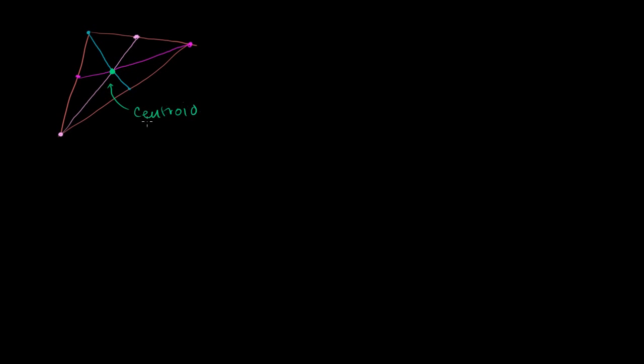It's called the centroid. And if this was actually a physical triangle, let's say you made it out of iron, and if you were to toss it, well, even before you toss it, the centroid would actually be the center of mass. So let's say that this right here is an iron triangle that has its centroid right over here. Then this iron triangle's center of mass would be where the centroid is, assuming it has a uniform density.